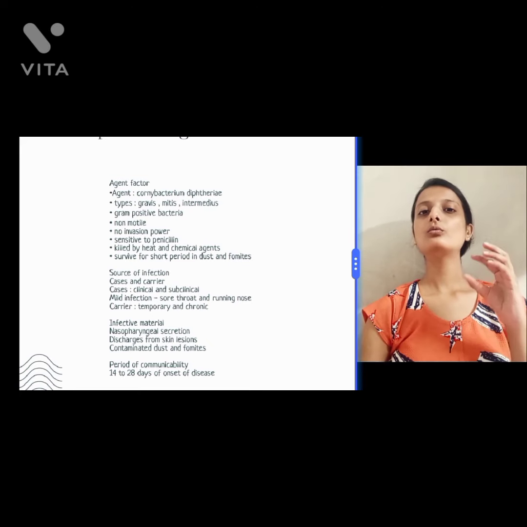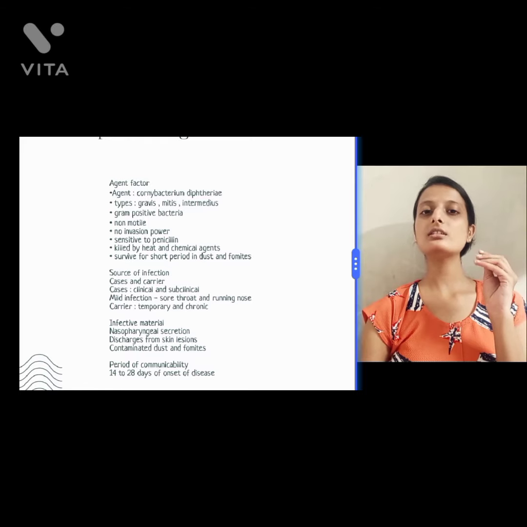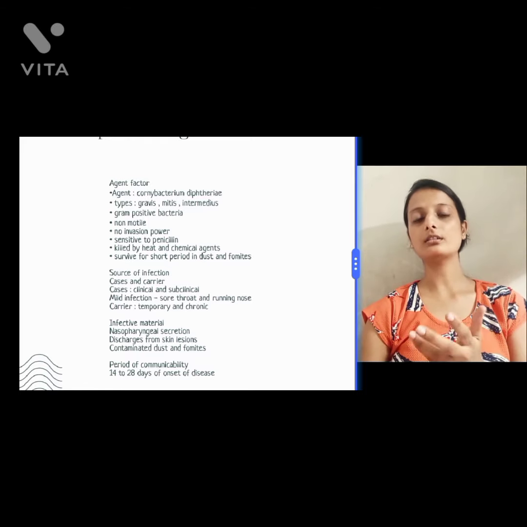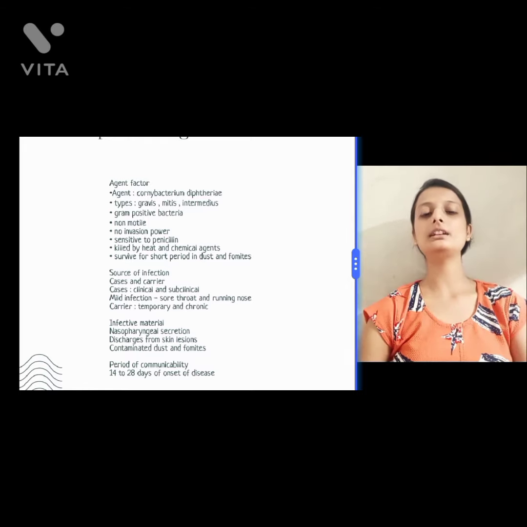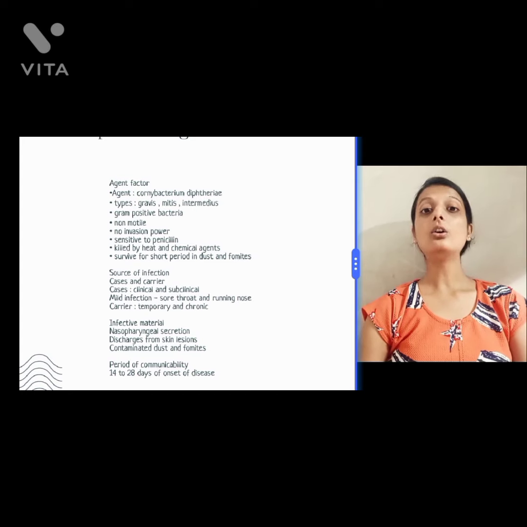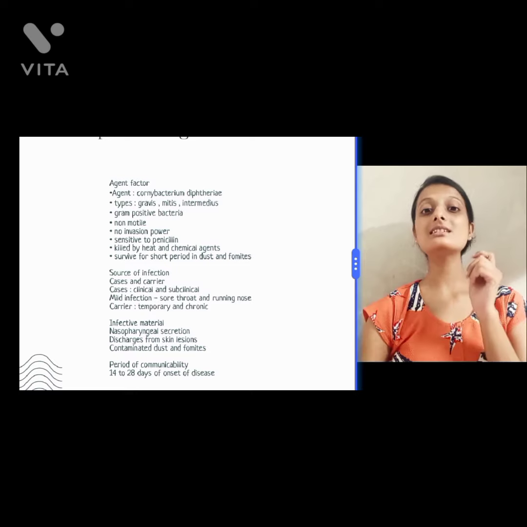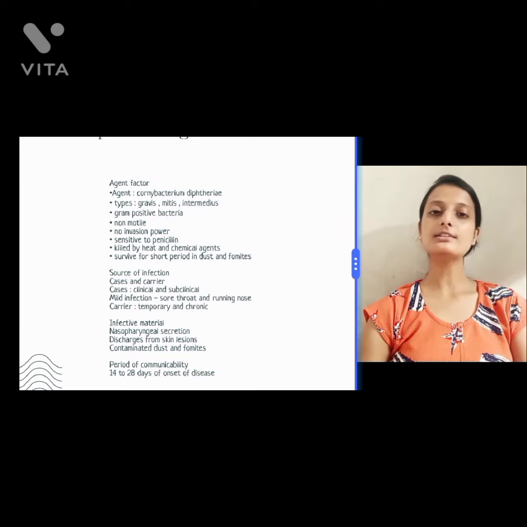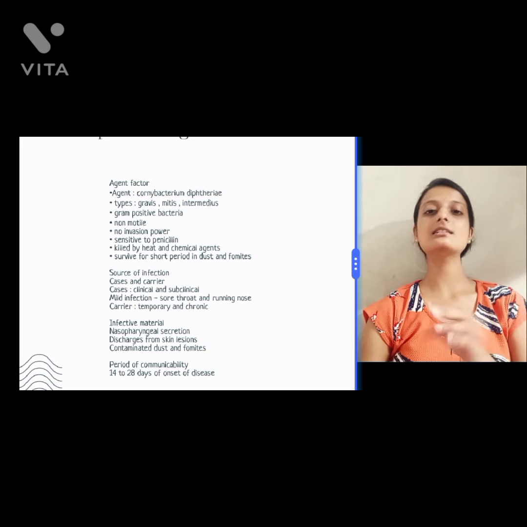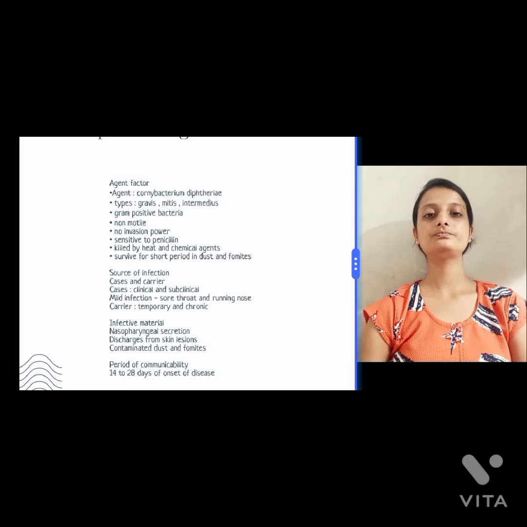Now, what does this agent infect? So we'll see the infective material. What is the infective material? It is nasopharyngeal secretions. Also, the discharges of skin lesions, and contaminated dust and fomites.